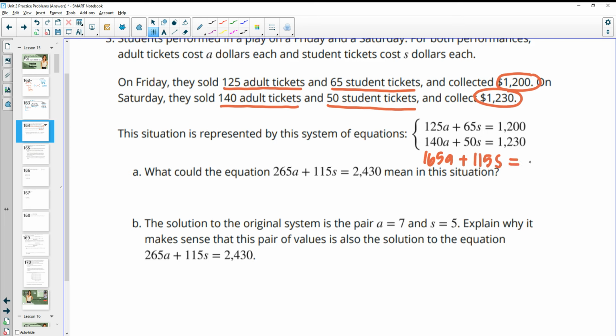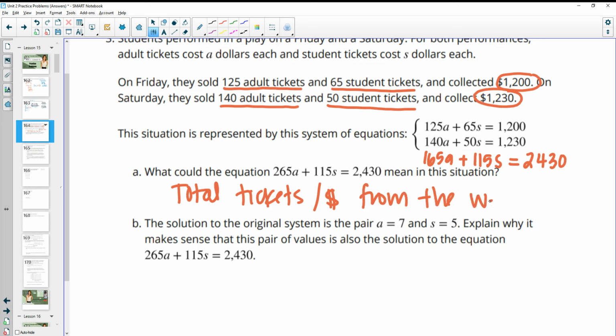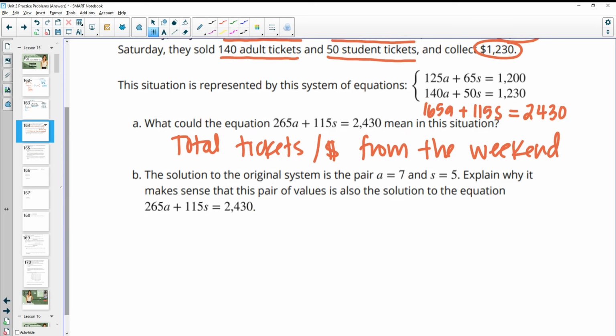And then 1,200 plus 1,230 gives us $2,430. So this is just the total of these two equations, which is just the total tickets and money from Friday and Saturday. So from the weekend. So it's the total amount of tickets they sold and money that they earned.